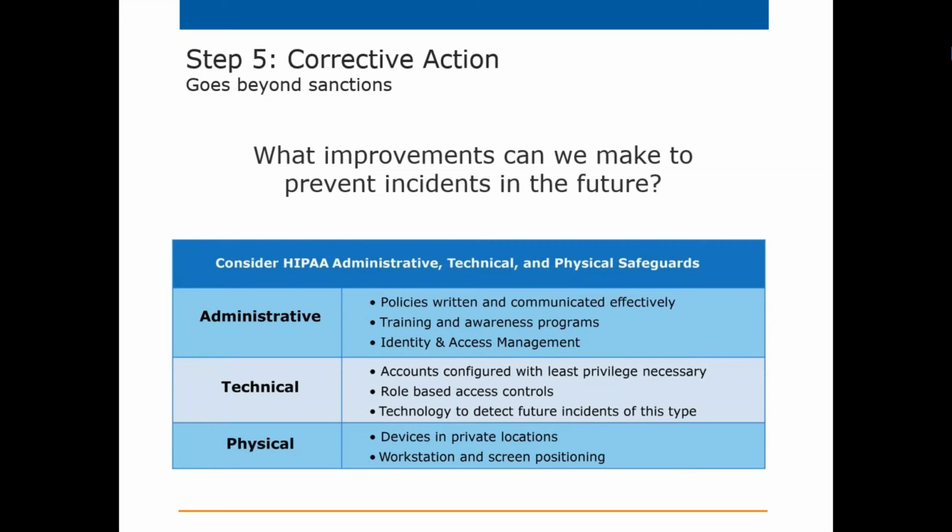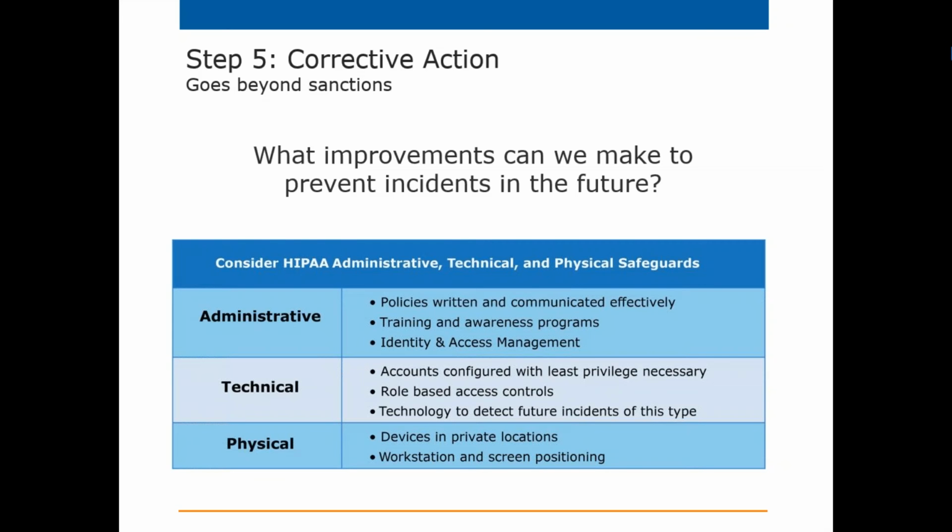And then we want to implement technology that is going to detect incidents of types that we've seen in the past. I had mentioned that you can audit things like the volume of records that an individual is going into. You can audit when individuals go into family members, friends, and coworkers.